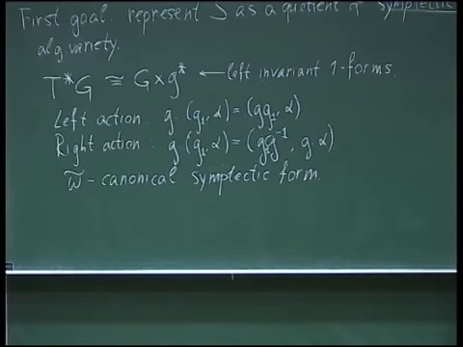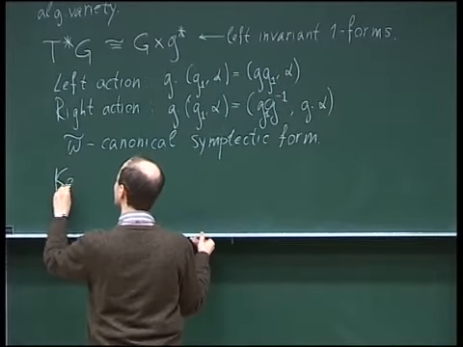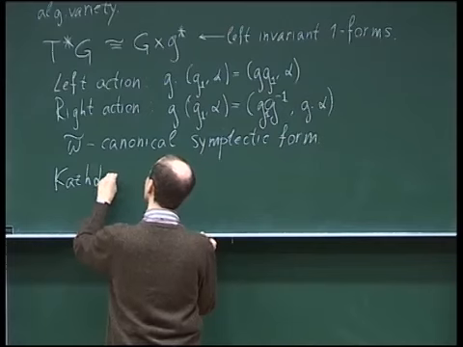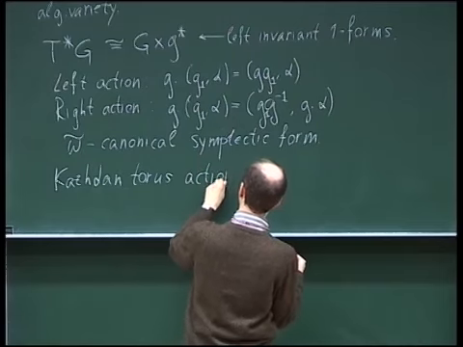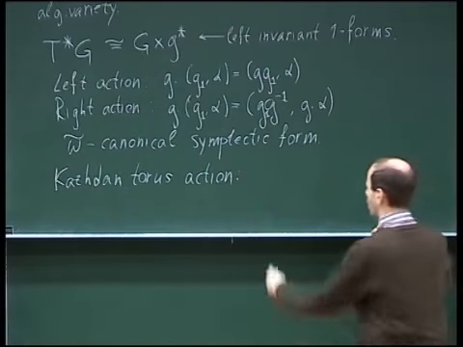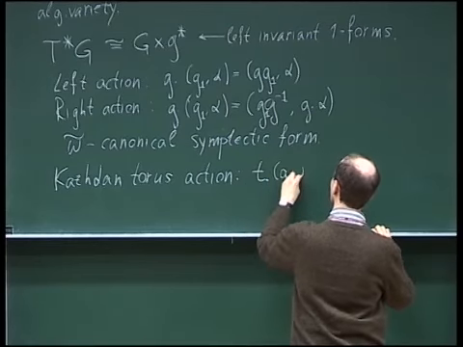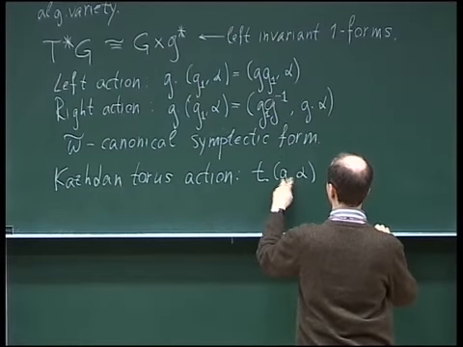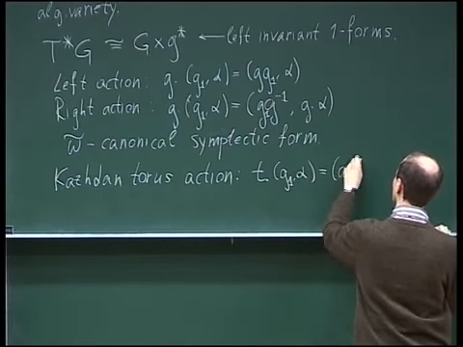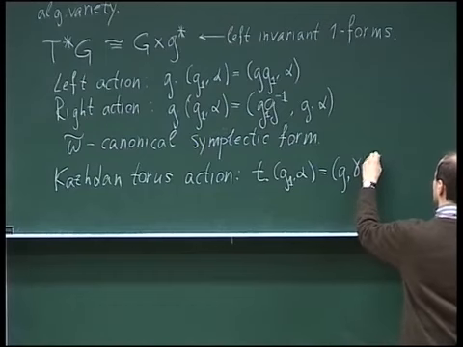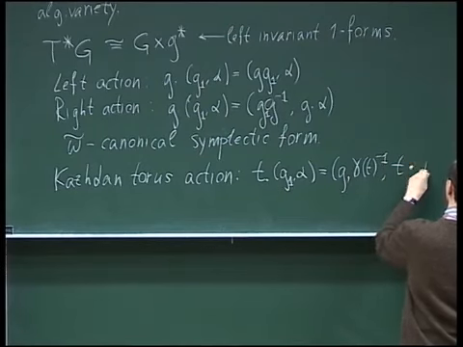And finally, let me define a Kazhdan torus action. T applied to (G1, alpha) is G1 gamma of T^-1, T applied to alpha.